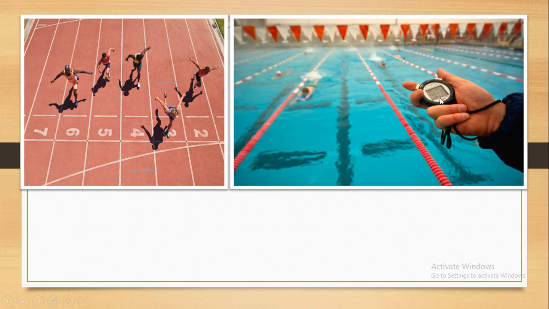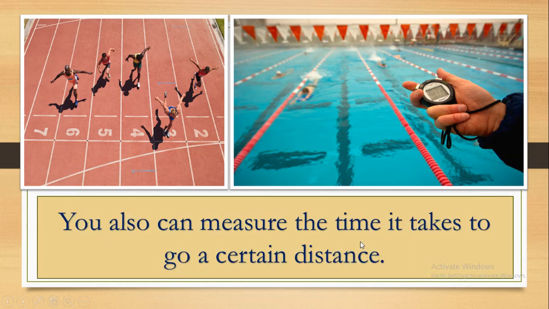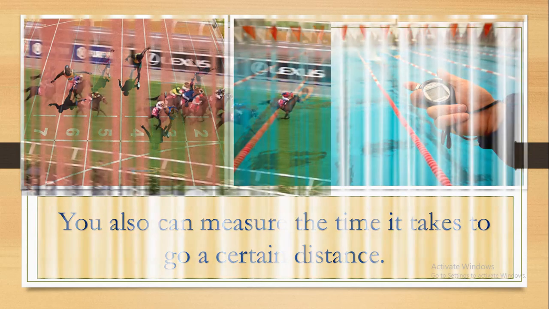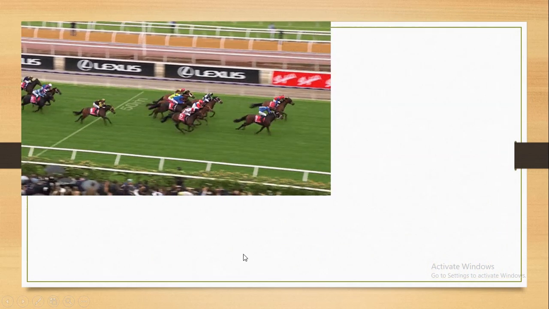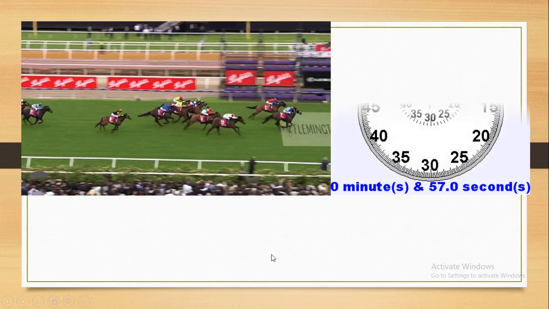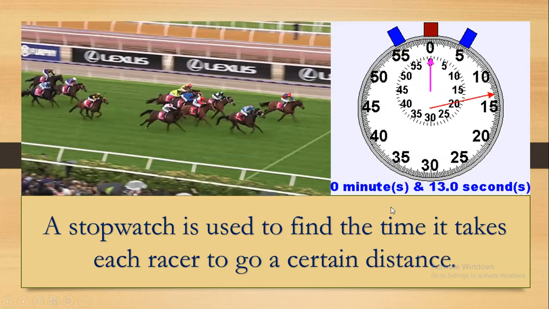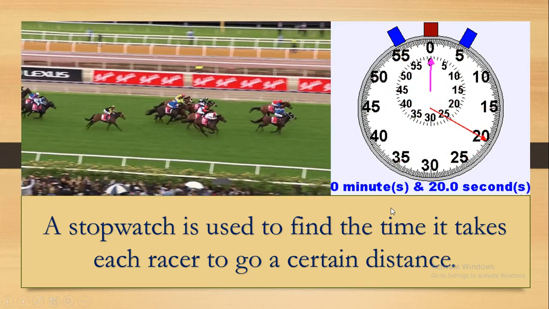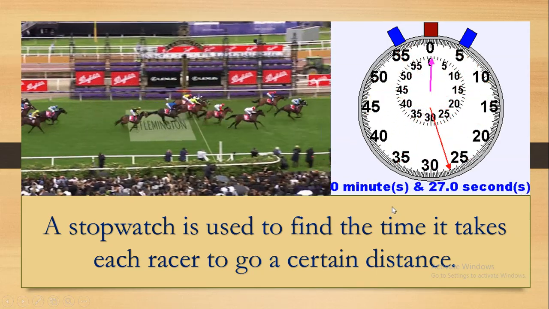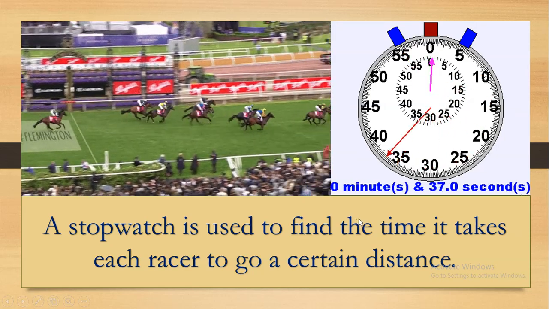And this man is holding a stopwatch. So we can measure the time it takes to go a certain distance. Like in this picture, this horse race, this is the stopwatch. A stopwatch is used to find the time it takes each racer to go a certain distance.